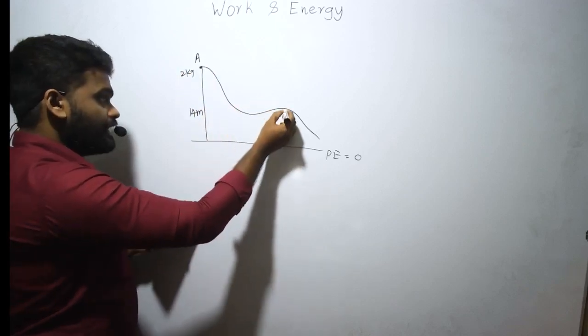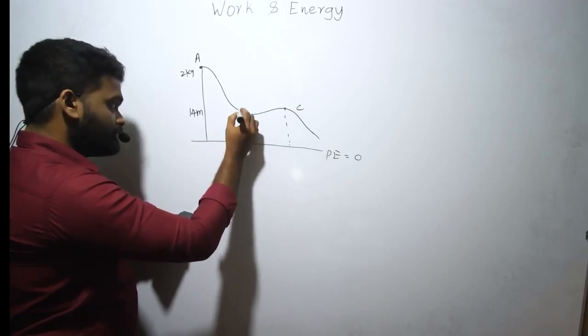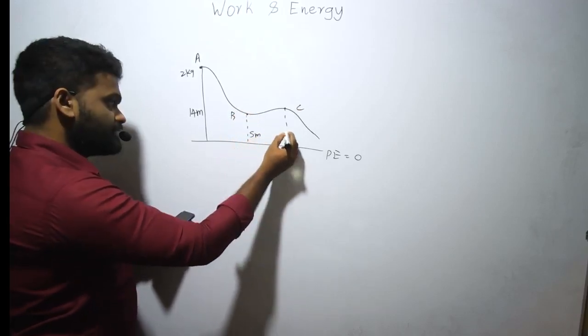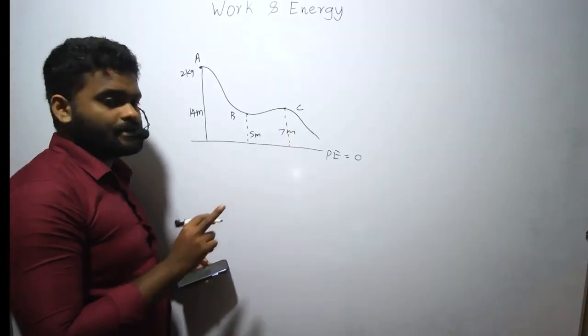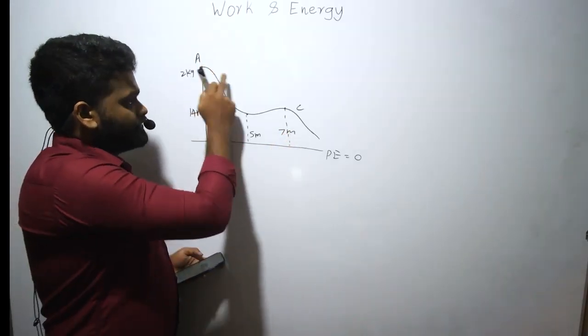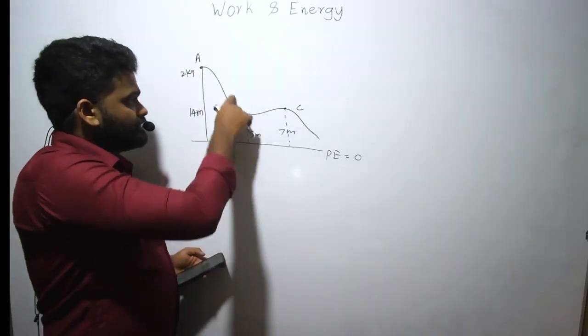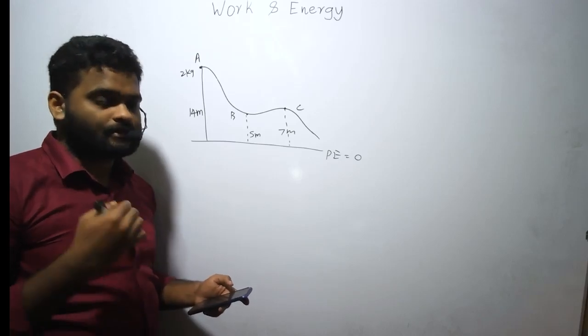This is A, and we have point C, and there's a point B. This side is 5 meters, this side is 7 meters. So what they ask is the kinetic energy of the object when it reaches C. They say that this is a smooth path, so there's no friction, no energy loss.